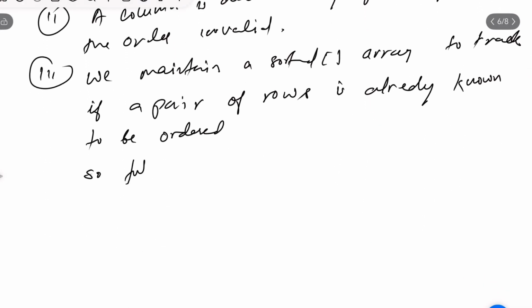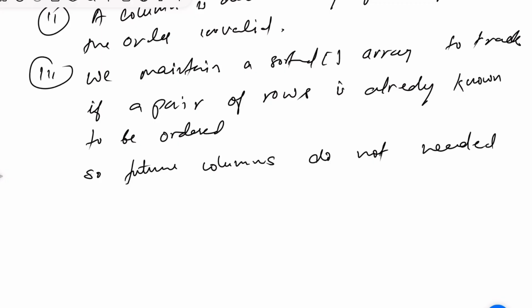So future columns do not need to check those pairs. Understand?